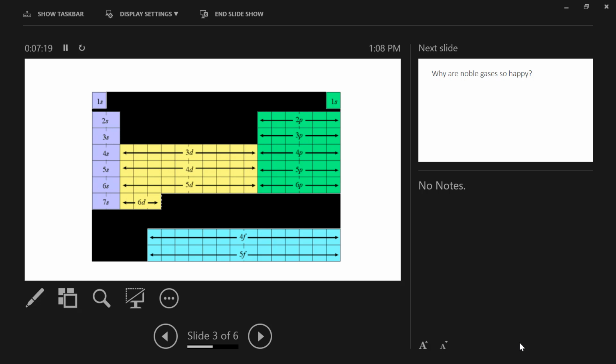So we've got to fill all of these lower energy orbitals just like we did with calcium. Right? Those are the only orbitals that are lower in energy than 3p. Do you agree? And so let's count the total number of electrons and see if we are in fact done. We've got 2, plus 2 more is 4, plus 6 is 10, plus 2 more is 12, plus 4 more is 16, right?